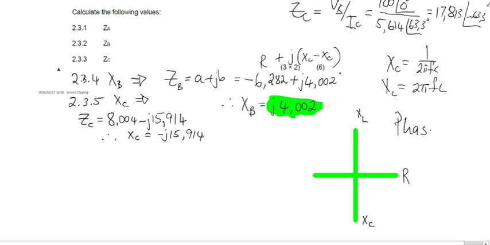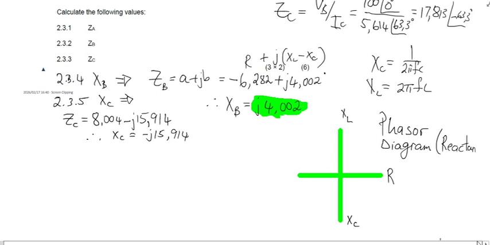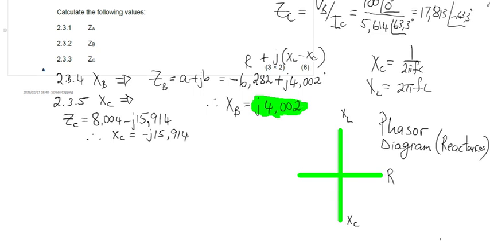So this is a phasor diagram of reactances, okay, along those lines. So the question can also continue: calculate what is C, what is X, what is L as well. Okay, I hope you find this very, very interesting. Thank you.